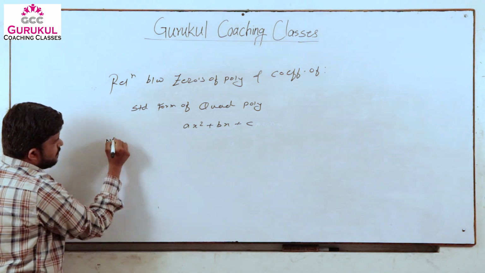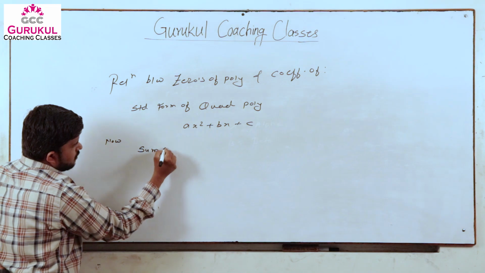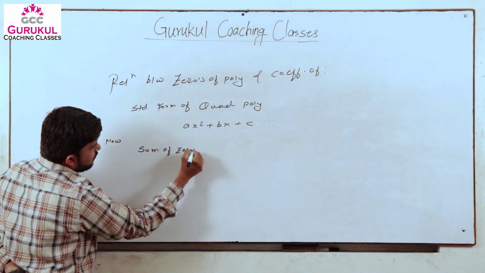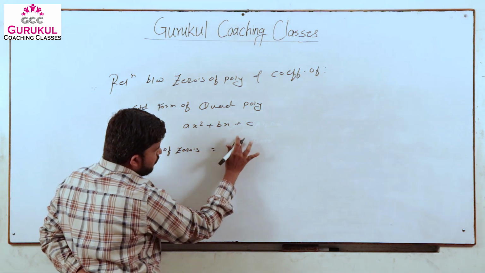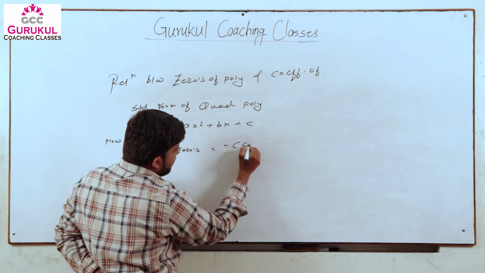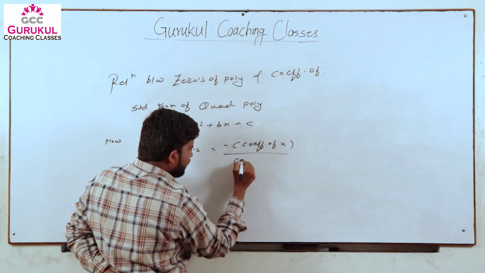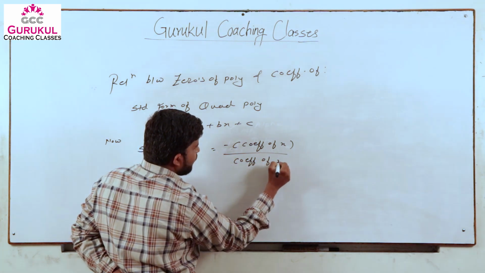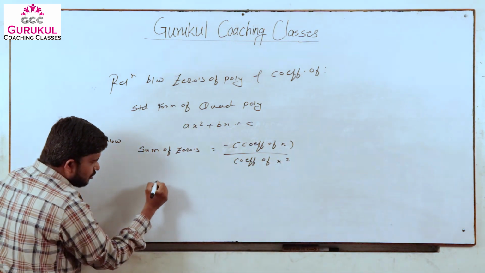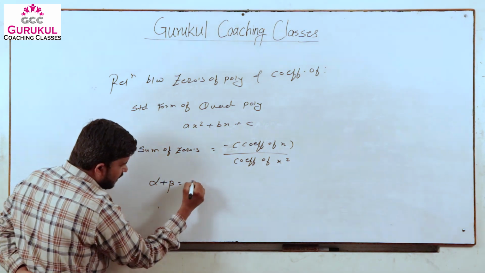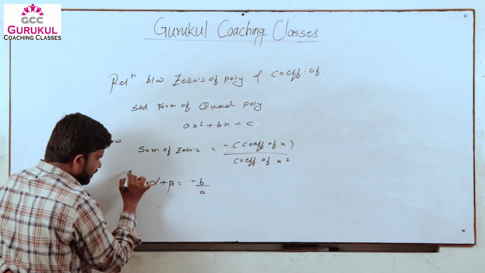Now the sum of zeros is equal to minus coefficient of x divided by coefficient of x square. Sum of zeros is nothing but alpha plus beta equals minus b by a.